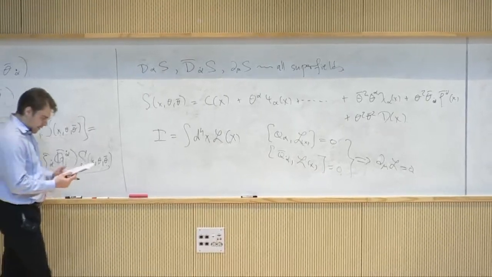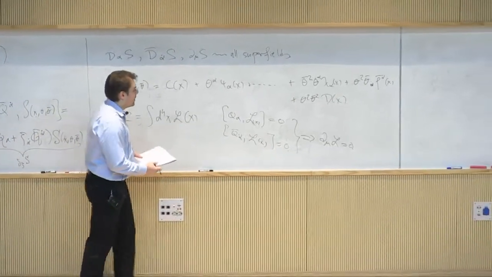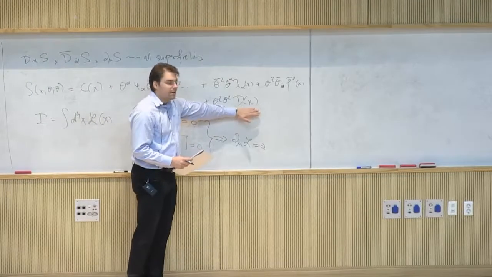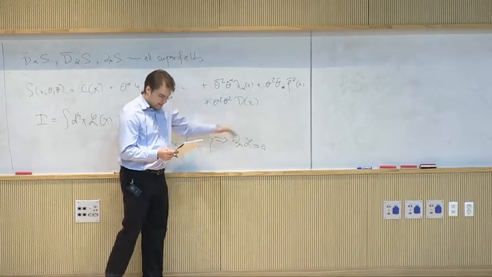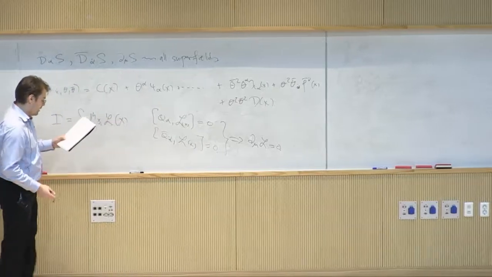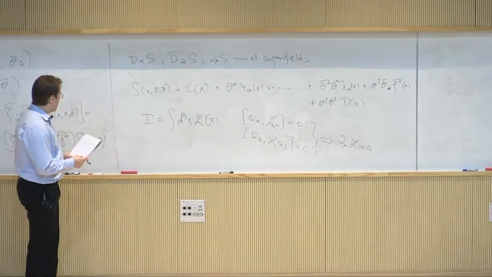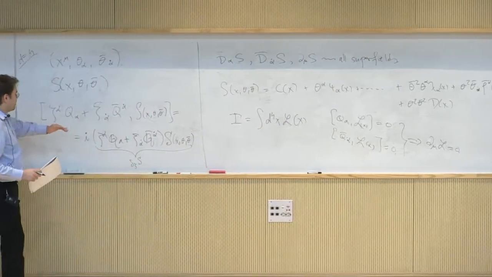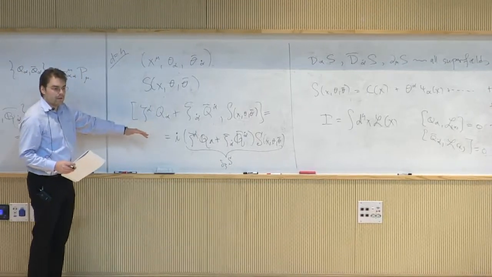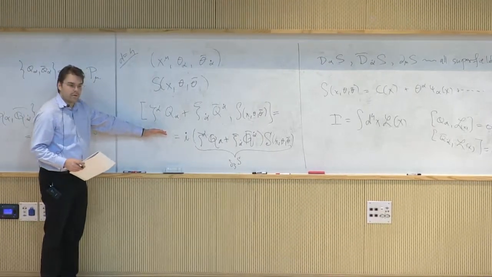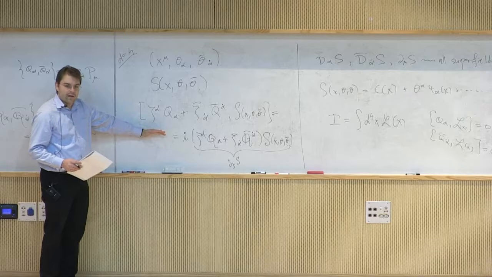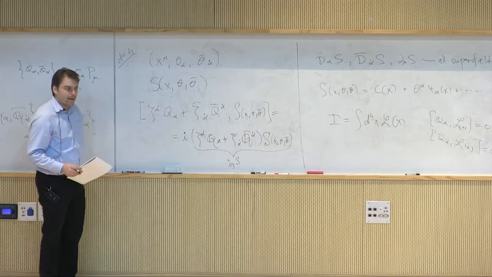So a natural candidate for such an action is just the D term, D of x of this superfield, right? Because remember the rule for computing the supersymmetry variation of the component fields. What you do is you apply this formula to the whole superfield and then compare left-hand sides and right-hand sides.